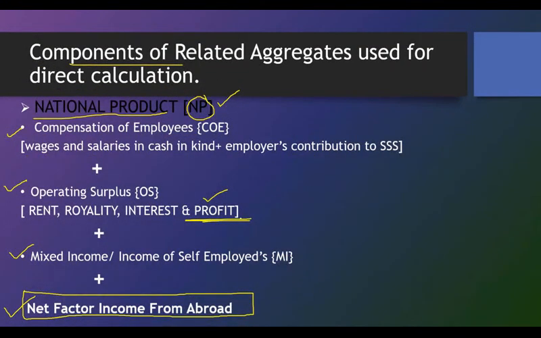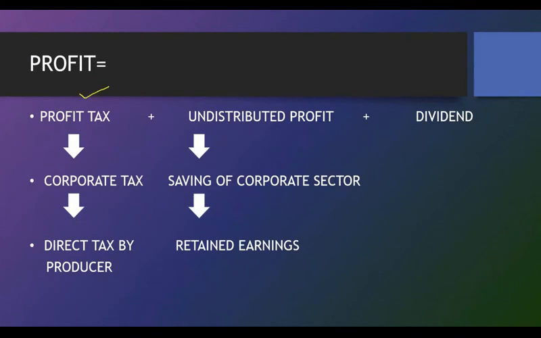The formula for profit is profit tax, undistributed profit and dividend. When we add these three together, the sum will be the total profit generated inside the economy. Along with that, we also have synonyms.